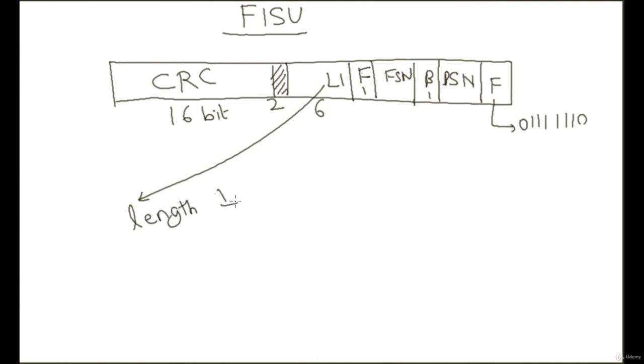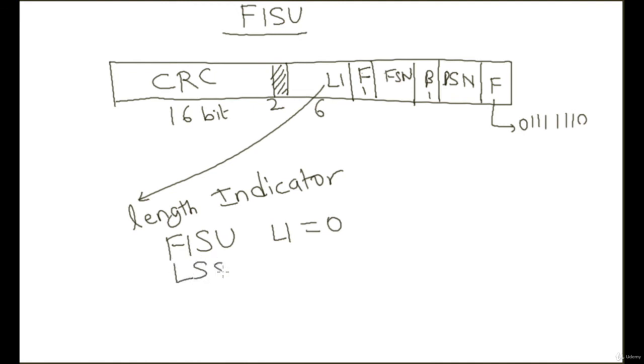How? Let's see. For FSSU, this length indicator is going to have value 0 because practically there is no payload. If it is LSSU, then this length indicator is going to contain 1 or 2. Okay, that's precisely either 8 bits or 16 bits.